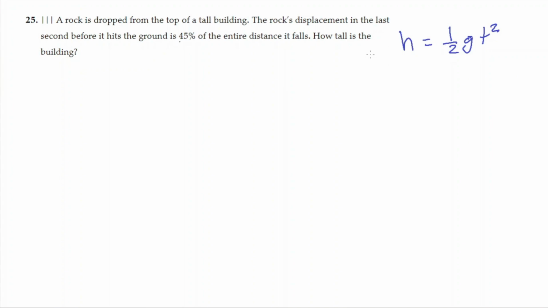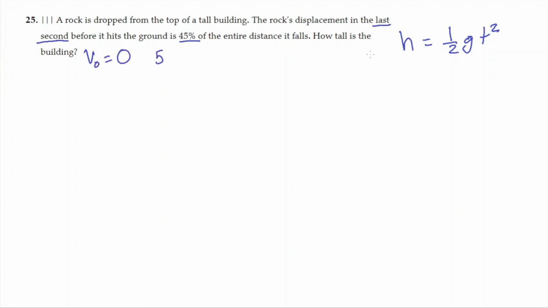Now we know that the rock covers 45% of its fall distance in the last second. We can't use 45% because we don't know the final velocity of the rock, but what we do know is the initial velocity, which is 0 because it's in free fall.